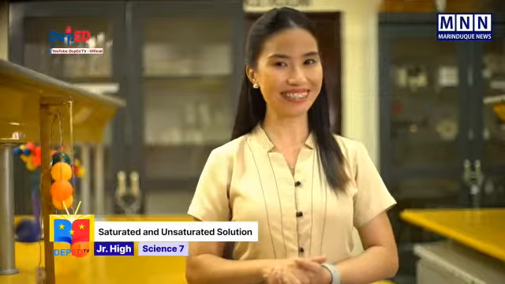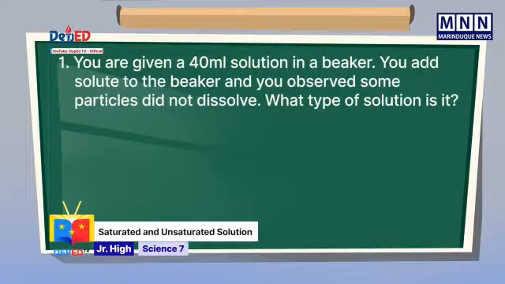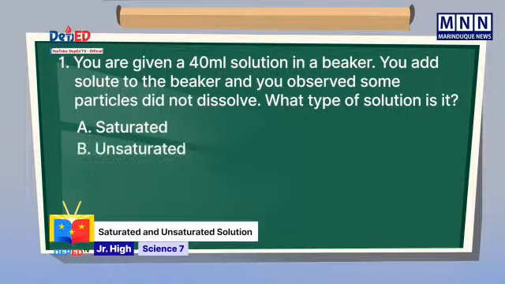Let's start! Number 1. You are given a 40 milliliter solution in a beaker. You add solute to the beaker and you observed that some particles did not dissolve. What type of solution is it? A. Saturated. B. Unsaturated.